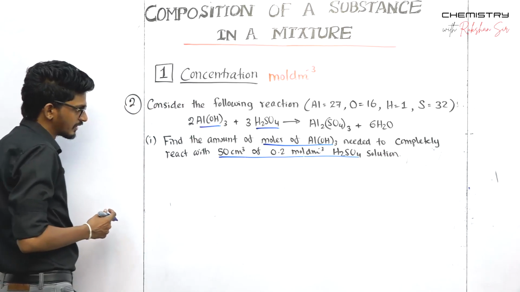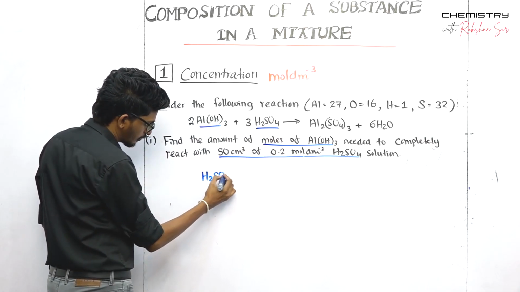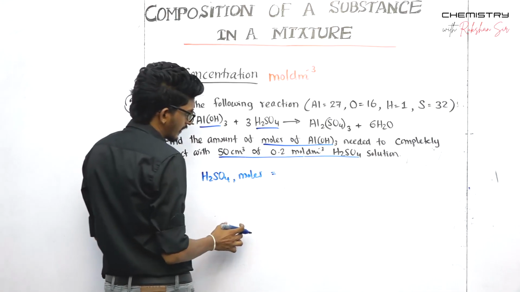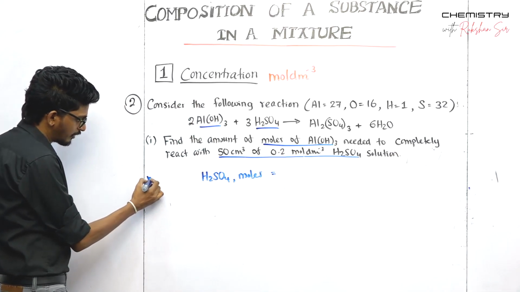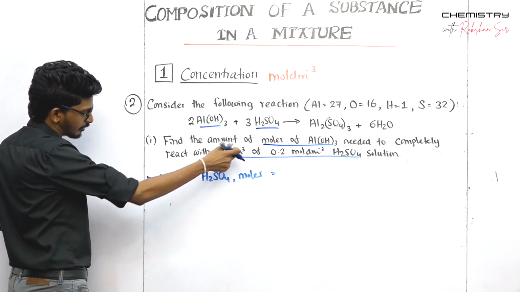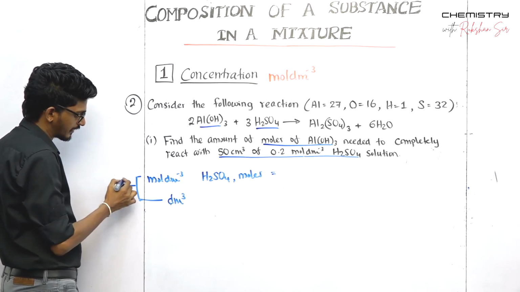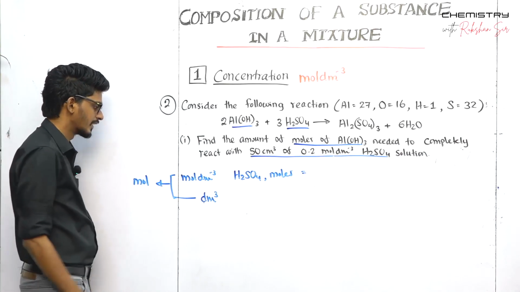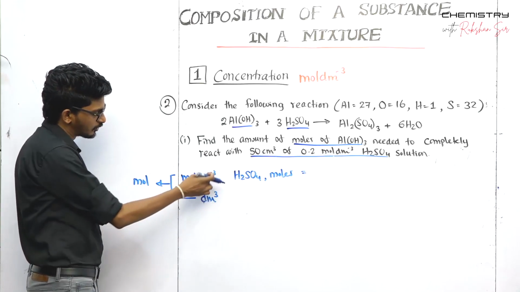So first let's come up with the number of moles of H2SO4. To come up with the moles, they have provided the mol dm^-3 value and the volume, which can be converted to a dm^3 value. So these two values are given, and they have asked you to come up with some mole value. So the mole value should be there, and these two should be cancelled off.